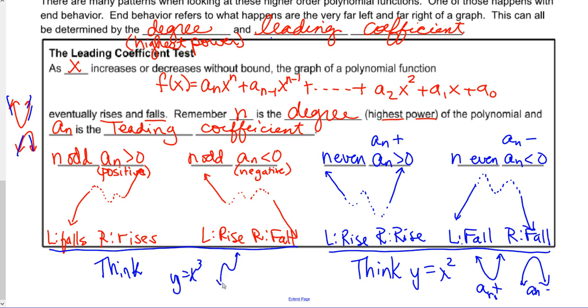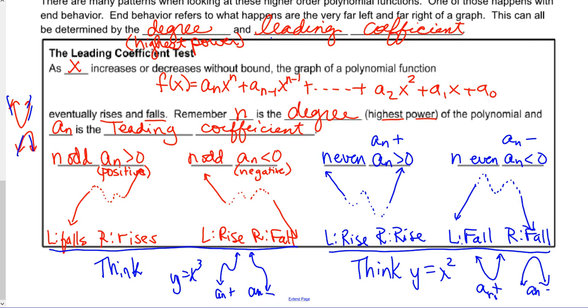We're going to have that squiggle that looks like that, and this is when a sub n is positive. And then our squiggle ends up doing something like this when a sub n is negative. So maybe that'll help you out a little bit with those.